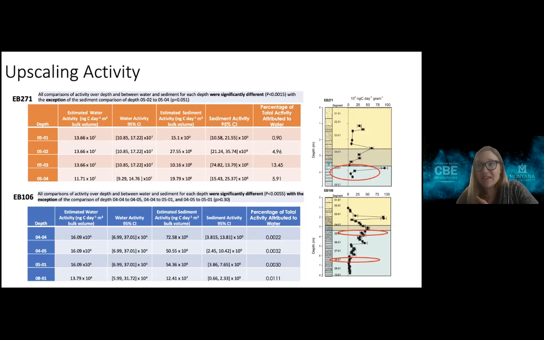And is the activity that we're seeing, even though it's high on a per cell basis, actually important on an ecosystem level? I'm just going to draw your attention to these last columns. At the top, in orange, is the pristine environment, and you can see that at certain depths maybe 13% of the total activity could be attributed to groundwater, but it's pretty low.